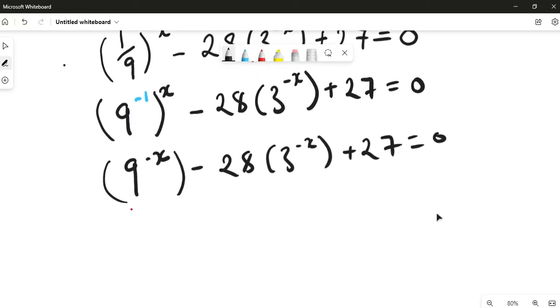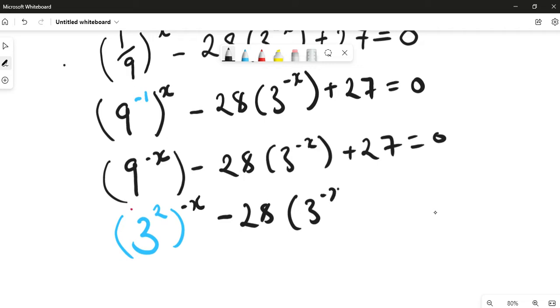Now, as I said, we're going to convert 9 into the base of 3. So 9 is the same as 3 to the power 2, minus 28 times 3 to the power negative x plus 27 equals 0.